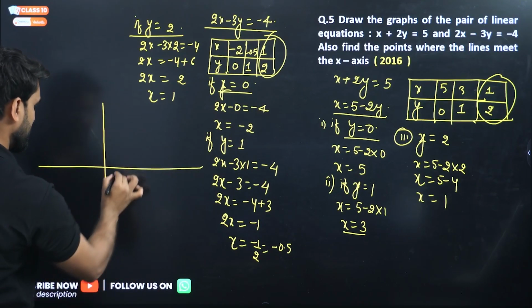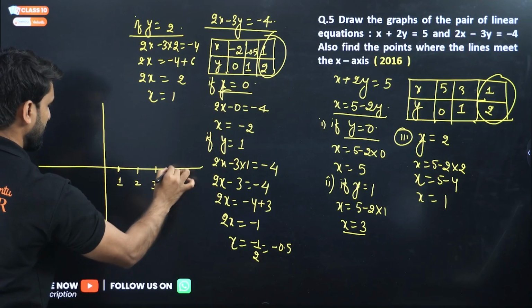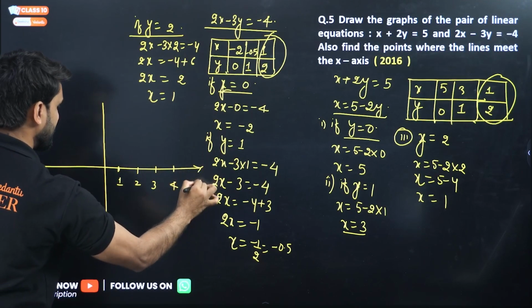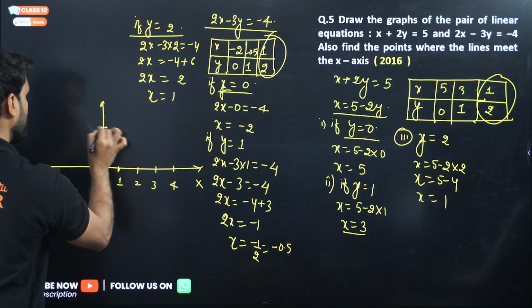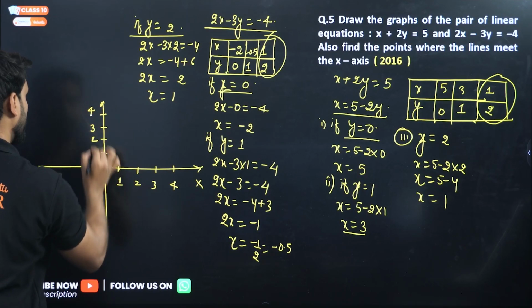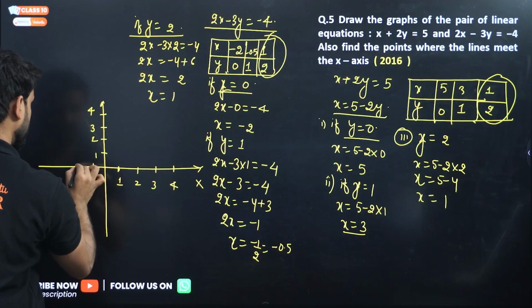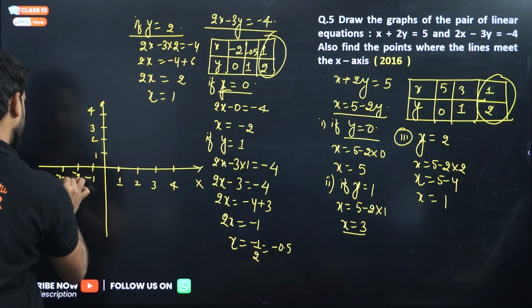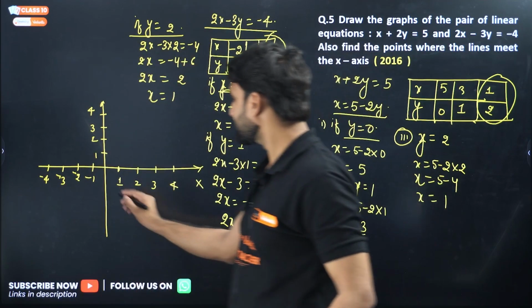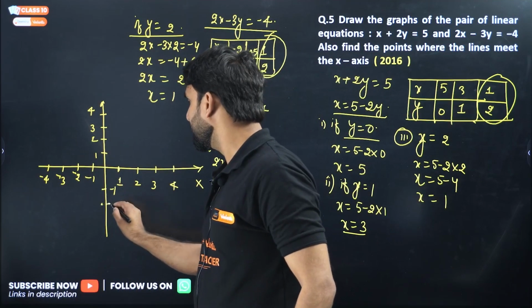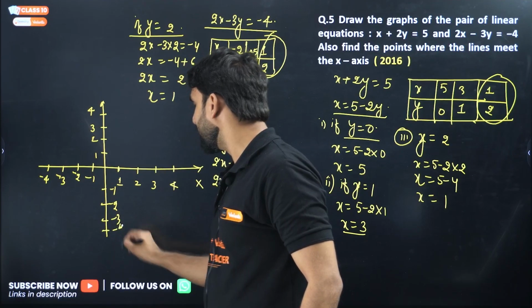I can mark here 1, 2, 3, 4 on the x-axis, and here negative y, minus 1, minus 2, minus 3, minus 4, right?